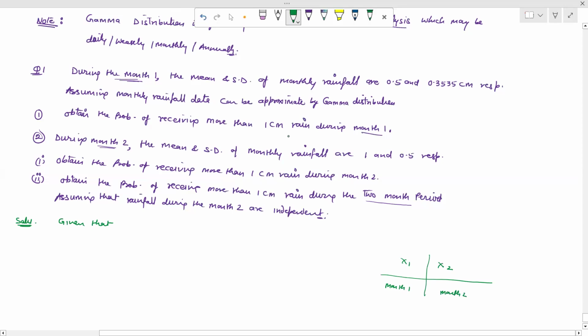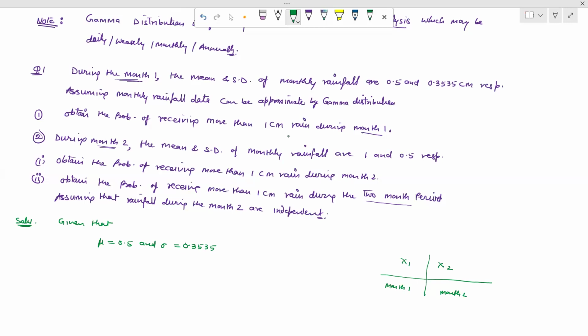Now given that the mean mu is equal to 0.5 and the standard deviation sigma is equal to 0.3535. So the mean and standard deviation are given. Now we calculate the parameters.